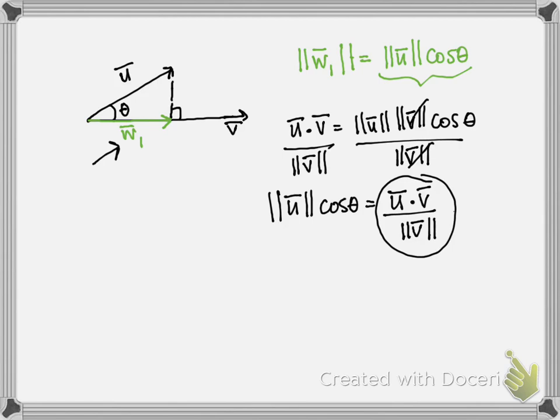So if we just took the unit vector that's in the same direction as v, that has length 1, right? We talked about that last time, that unit vectors have length 1. If we took the unit vector in the direction of v and multiplied it by this scalar, then that will be exactly this vector w1.